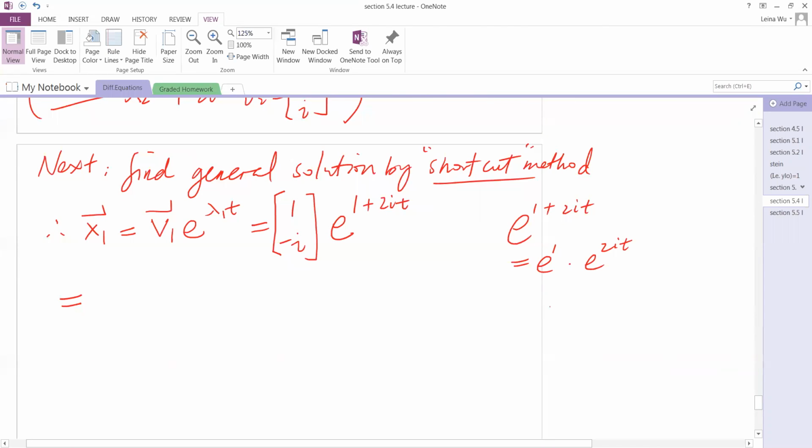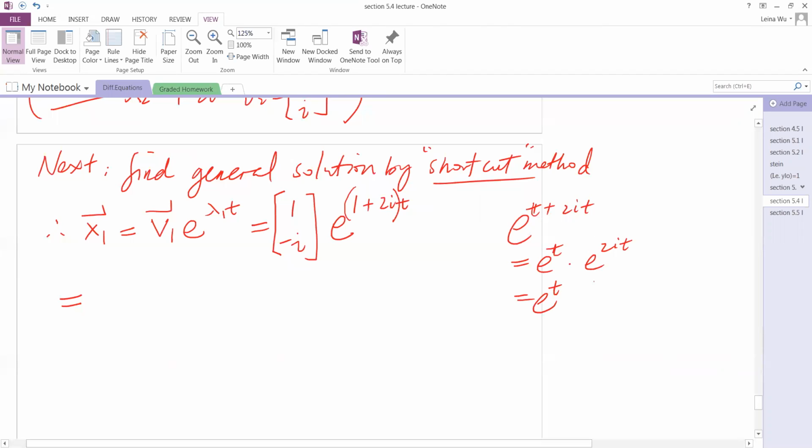Oh, yeah, my bad. You guys are right, it'll be in the parentheses. So we should have a t. The e raised to t plus 2it. So the e to the t times e raised to 2it. Good so far?